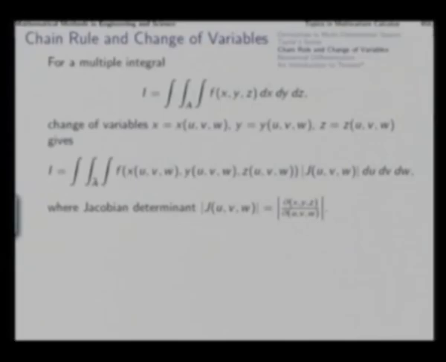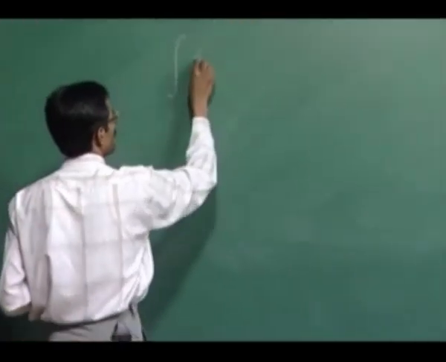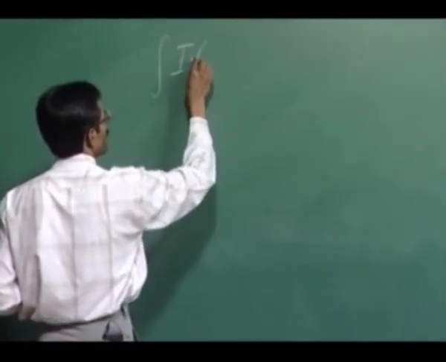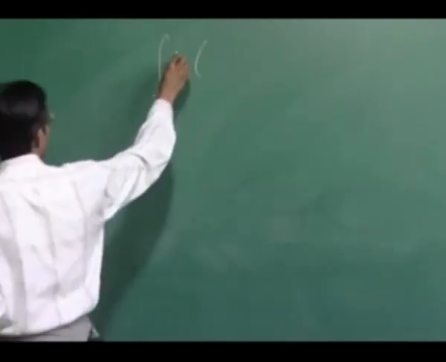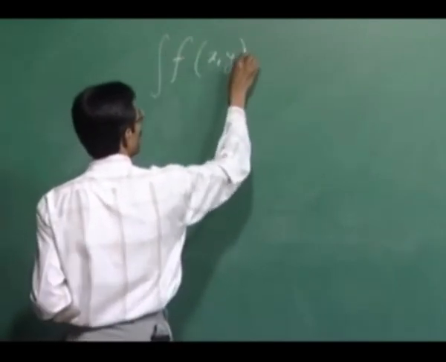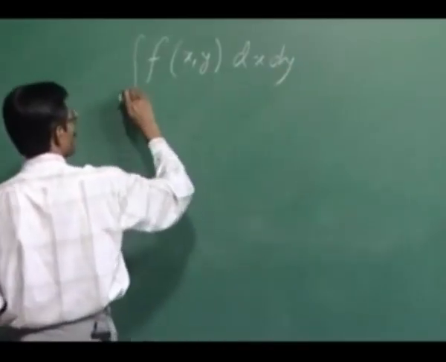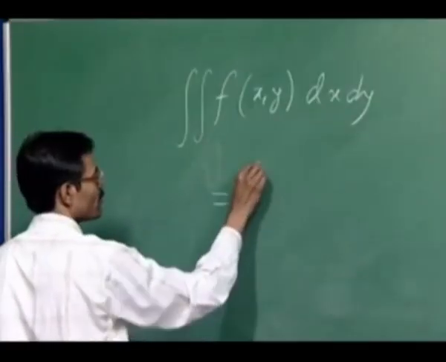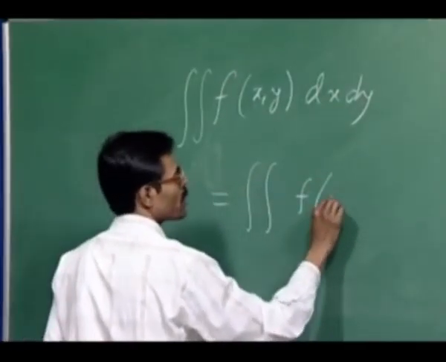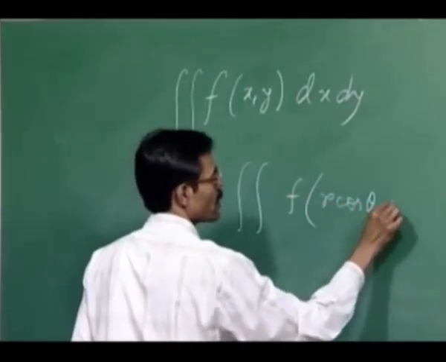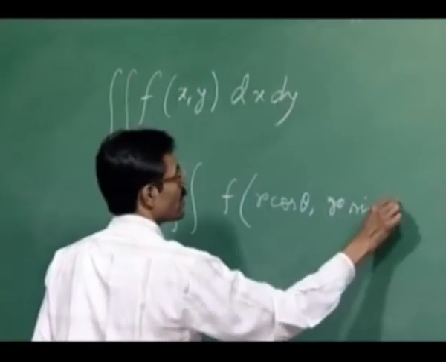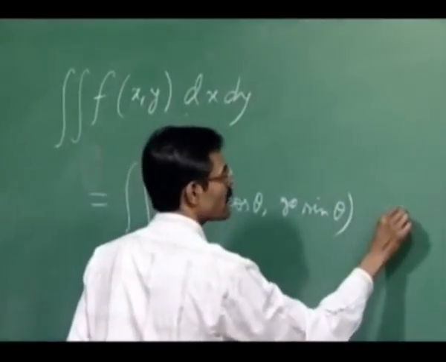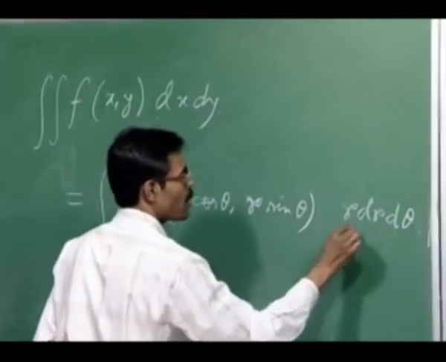Quite often for evaluating a double integral, we transform from rectangular to polar, and then apart from transforming the limits of integral, when we do that transformation from rectangular to polar, we keep here r cos theta, r sin theta, and in place of dx dy we use r dr d theta. What is this r doing here?